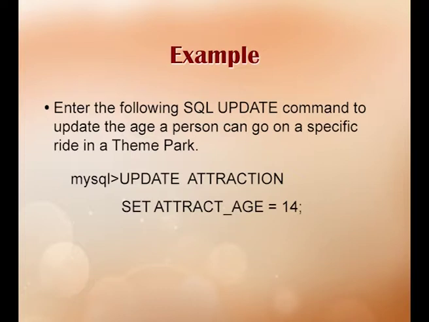So enter the following SQL update command to update the age a person can go on a specific ride in a theme park. In order to fulfill that particular query, I can give update attraction set attract age to 14. So in this way I can set 14 as the age for all the records under attract underscore age.